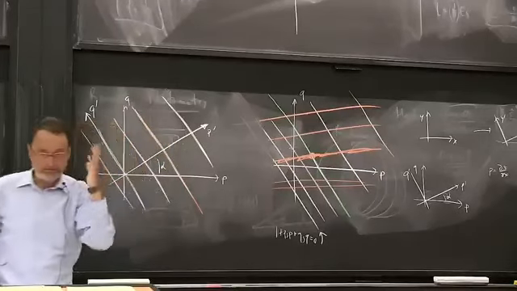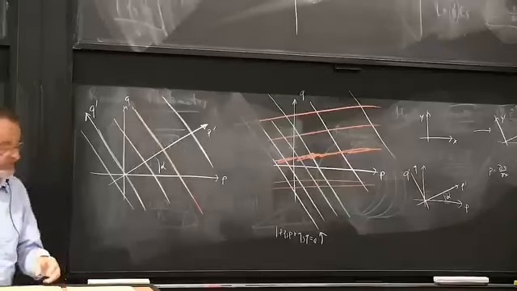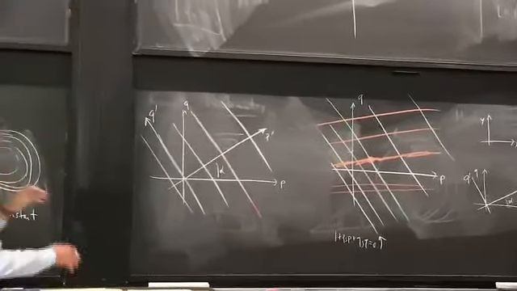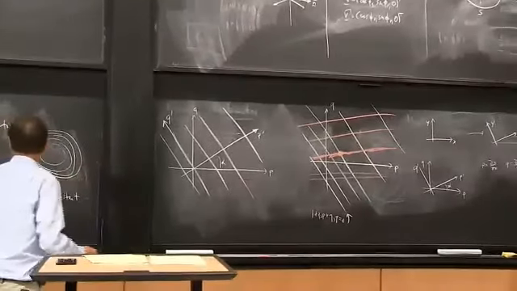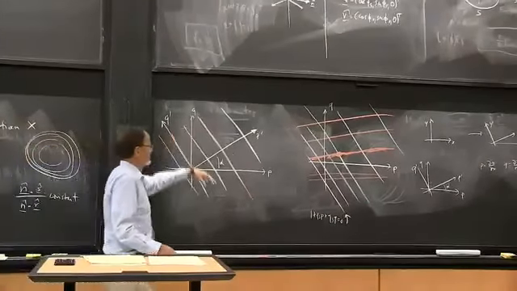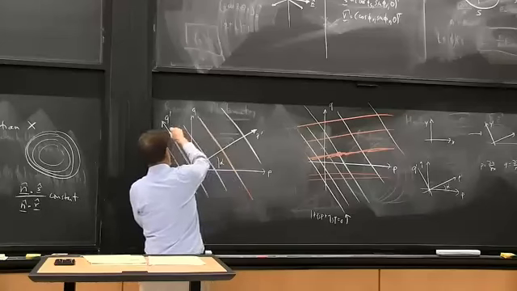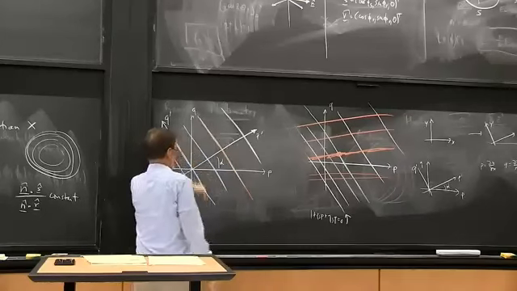I don't know anything about the slope in the direction at right angles, but I know the slope in that direction. And that's different from Lambertian, because in the Lambertian case, we had this curve, and so the orientation was different along the curve. Here we've got a line, and all points on that line have the same distance from this origin, from here.